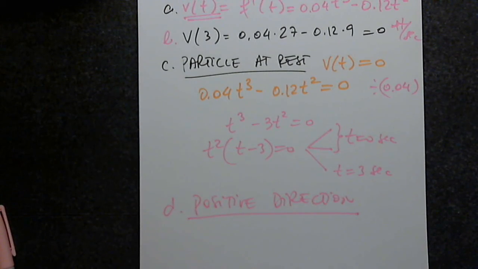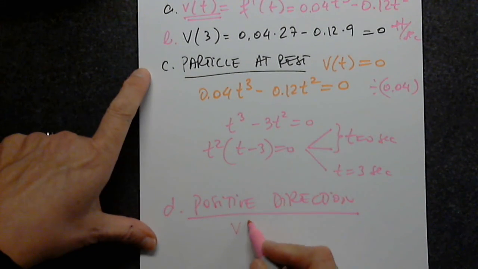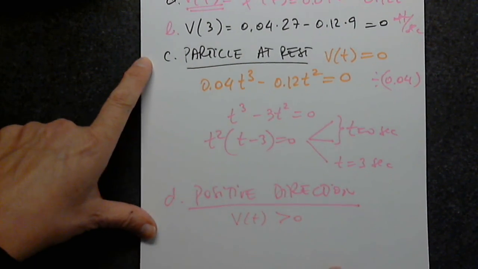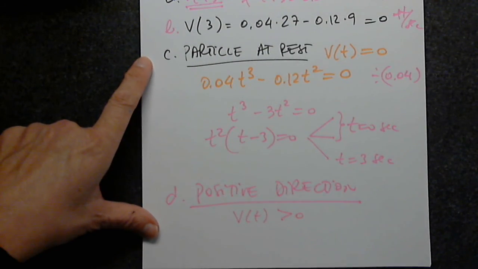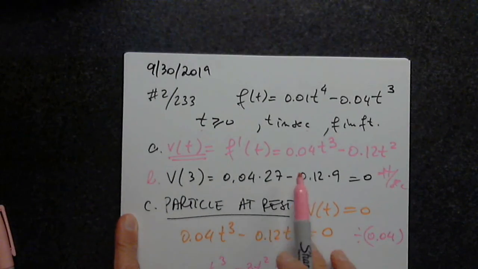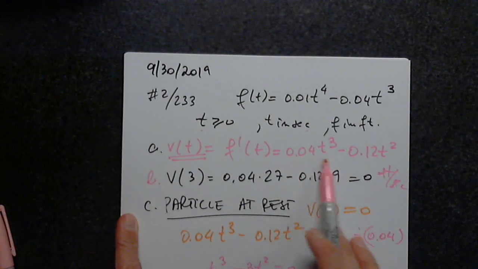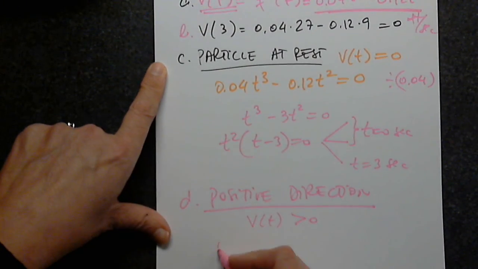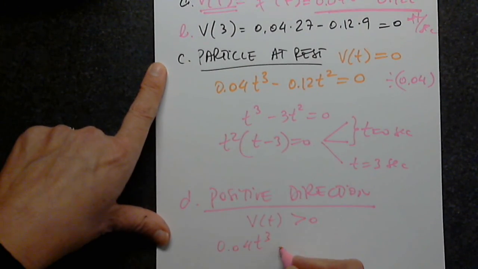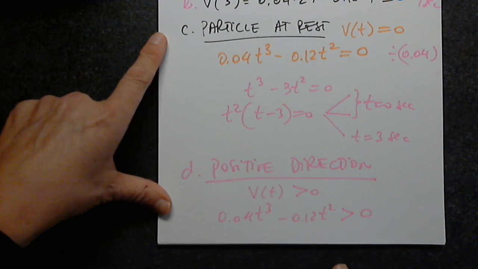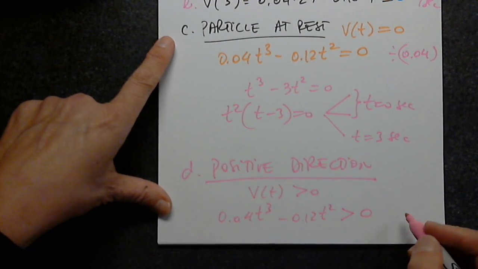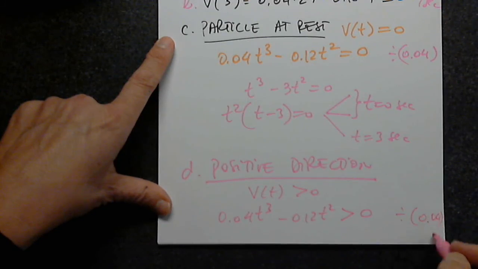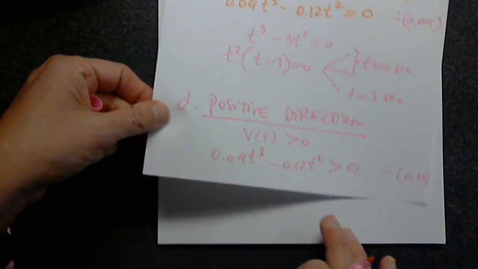So the positive direction means the velocity is positive. In the negative direction, the velocity will be negative. So I have the velocity right here. This is the velocity. So now I have 0.04 t to the third minus 0.12 t squared greater than 0. Yes, of course I will divide by 0.04 again to clean it up.